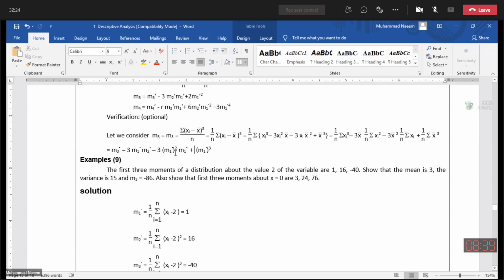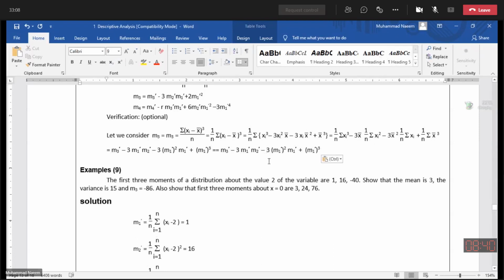So simplify the last two terms. Finally, simplifying the last two terms, we have 2 M1 prime cube.